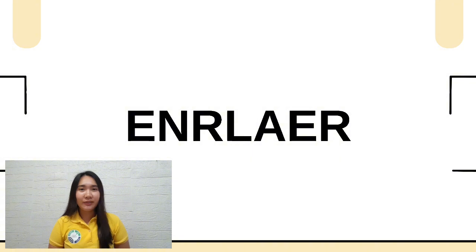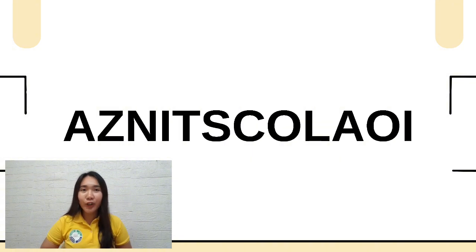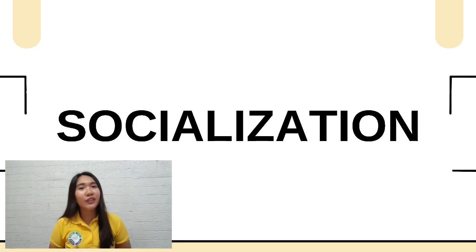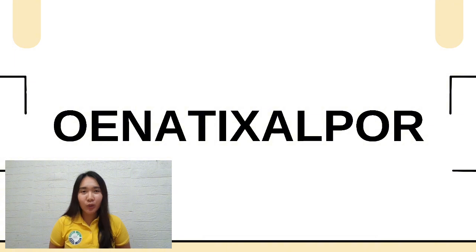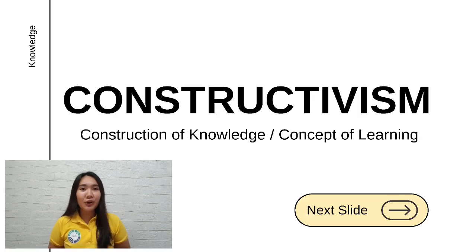And the third one, that is learner. And the fourth one, do you have any guesses? Again, that is correct, socialization. This is the last scrambled word. So that is exploration. So these words are connected to the topic that I will be discussing later on.